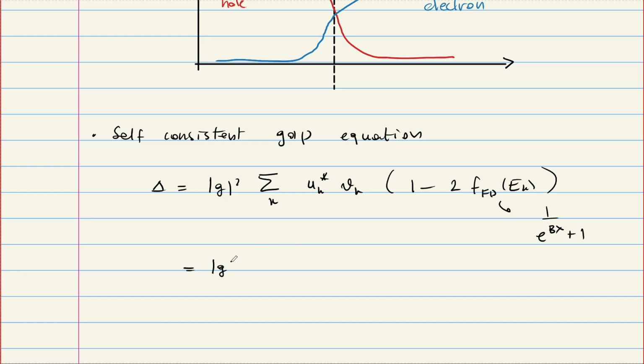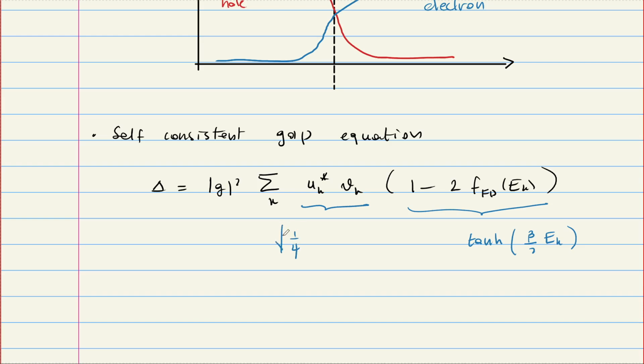So this is g squared, k, u_k star v_k. Let me write everything at the end. So this piece can be trivially written like tangent hyperbolic of beta over 2 epsilon of k. Just use this Fermi-Dirac function, right? 1 minus 2, and then you multiply both sides with e to the beta epsilon, and this just plays out nicely.